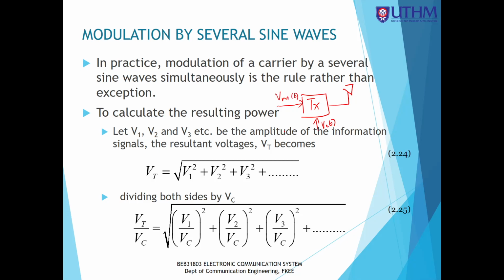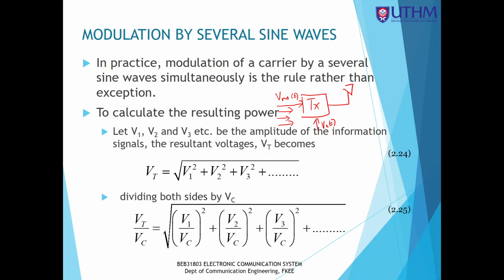Actually, we can have many input messages: VM1T, VM2T, VM3T, VM4T, and so on. We can have many inputs and one carrier, so one carrier carries many input messages together. That means it is as if we do multiplexing using the modulation process.